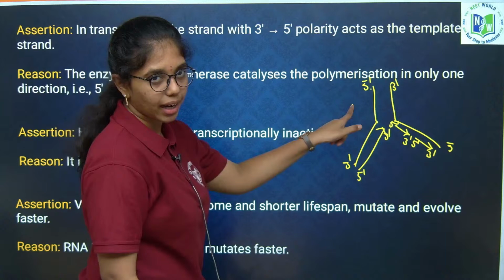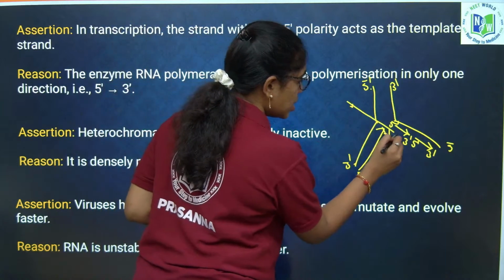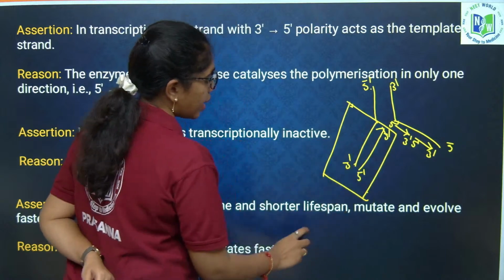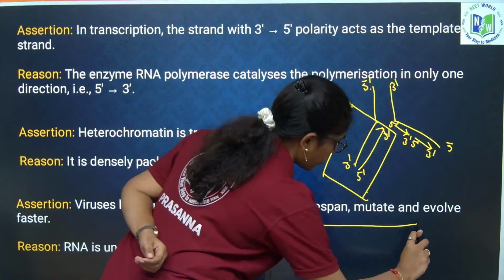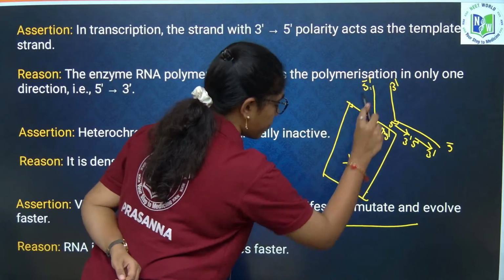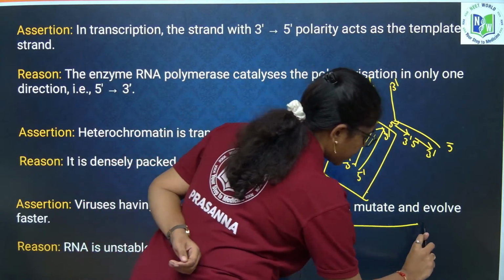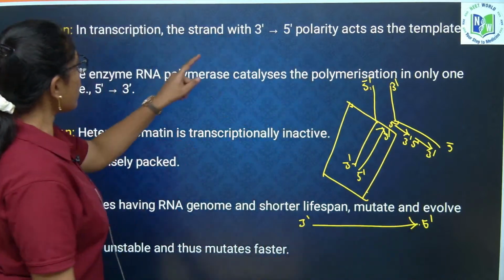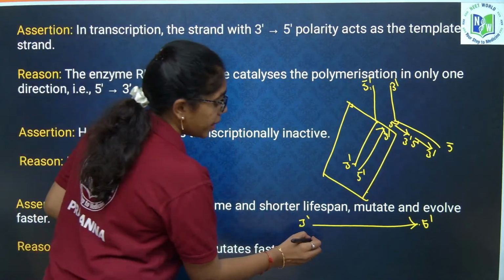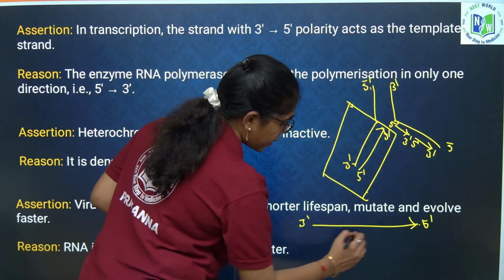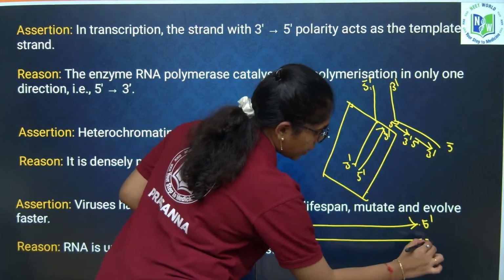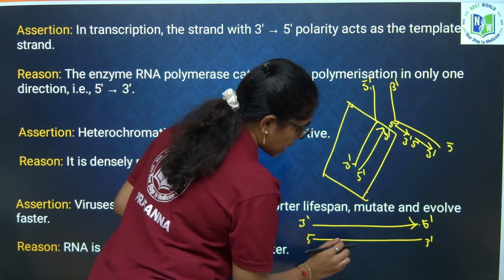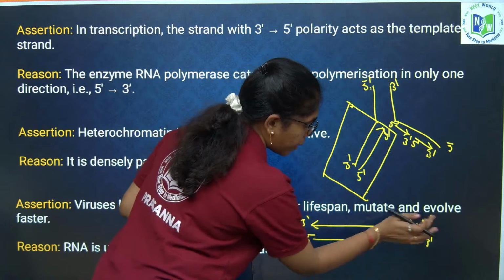So this is the diagram of replication. From this we will take this strand for transcription. In transcription, of course, this 3' to 5' end is the template, and this is the coding strand. The synthesis takes place always from 5' to 3'.